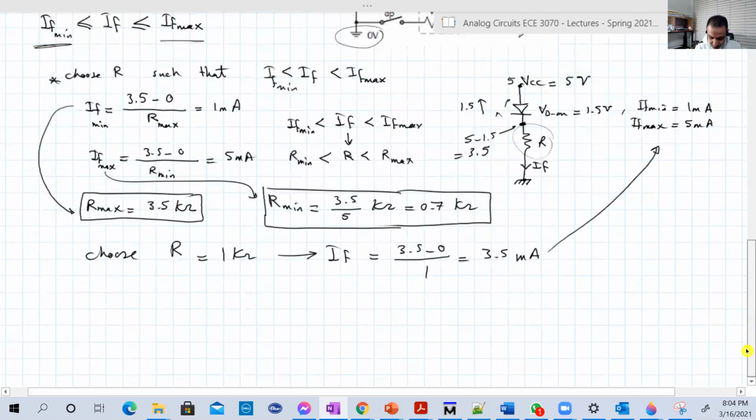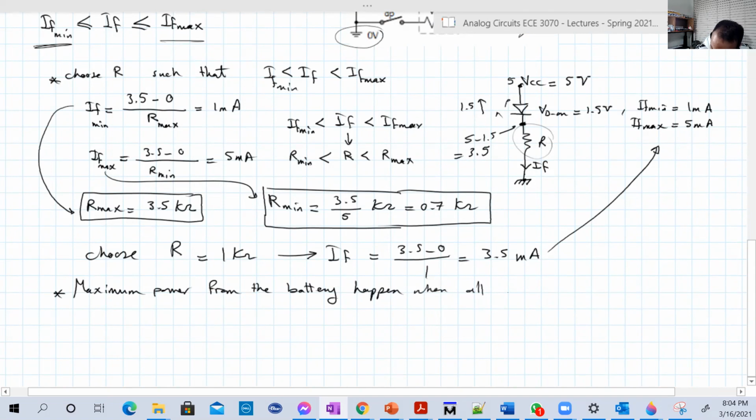The maximum power from the battery happens when all of them are on. In this case, the digit will be 8. So when we display digit 8, all of them will be on.